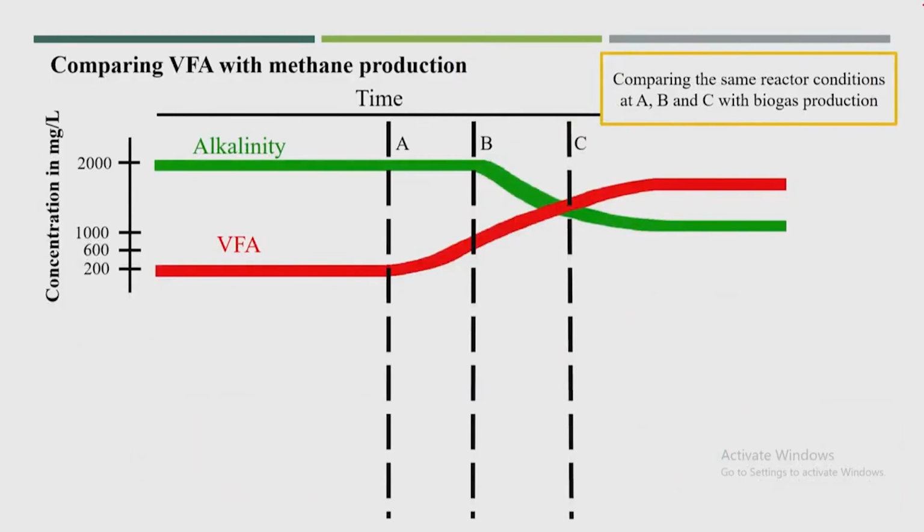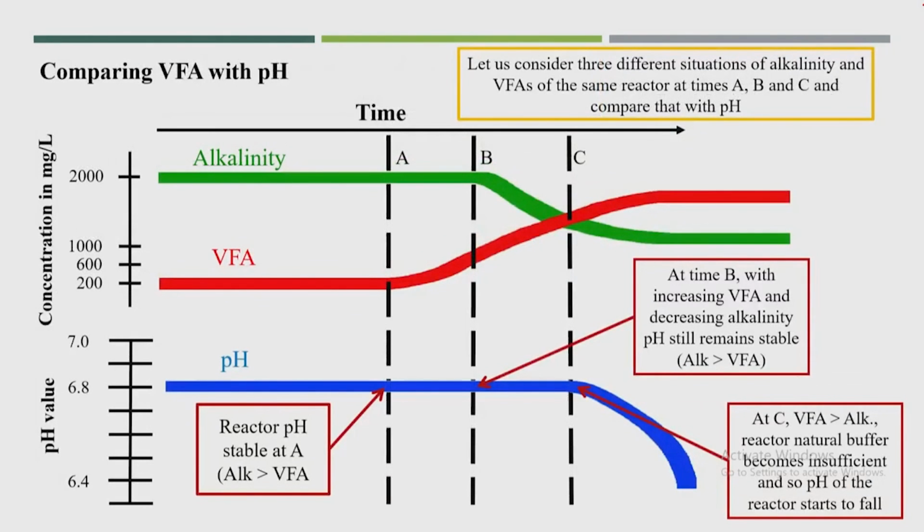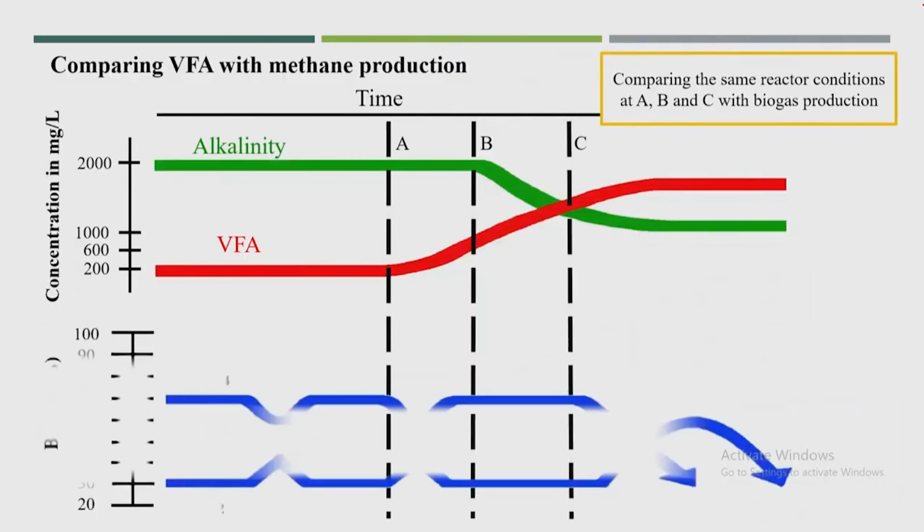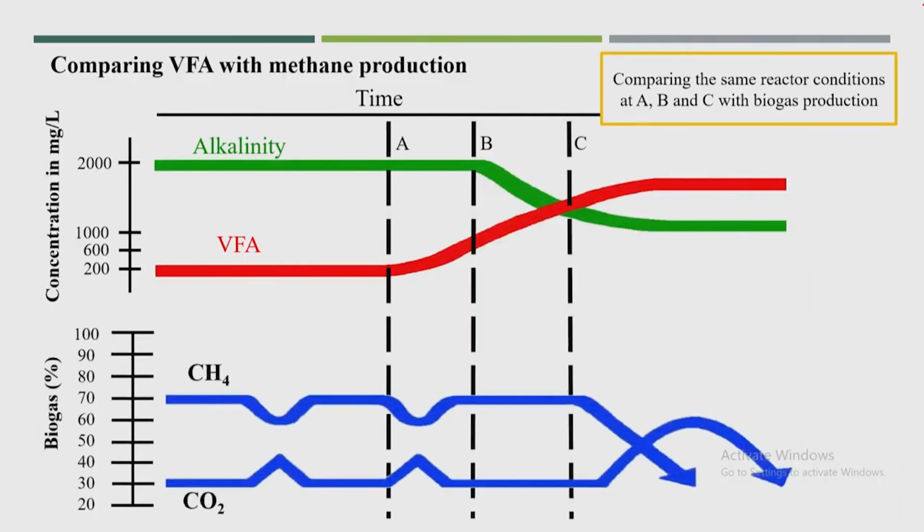Now, take the same example for gas production. Like we saw in the previous one, at this condition the pH has dropped, and with the same alkalinity and VFA conditions, how could methane production be? We also saw methane production and carbon dioxide production.